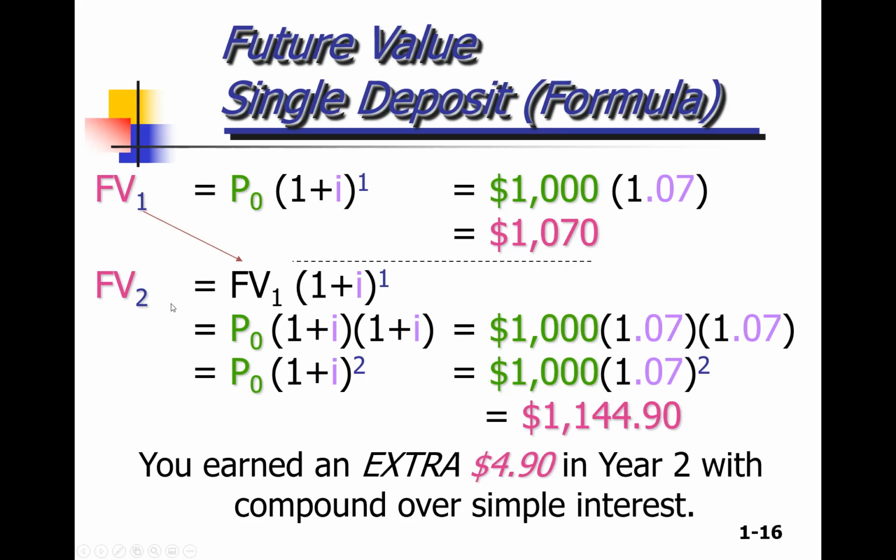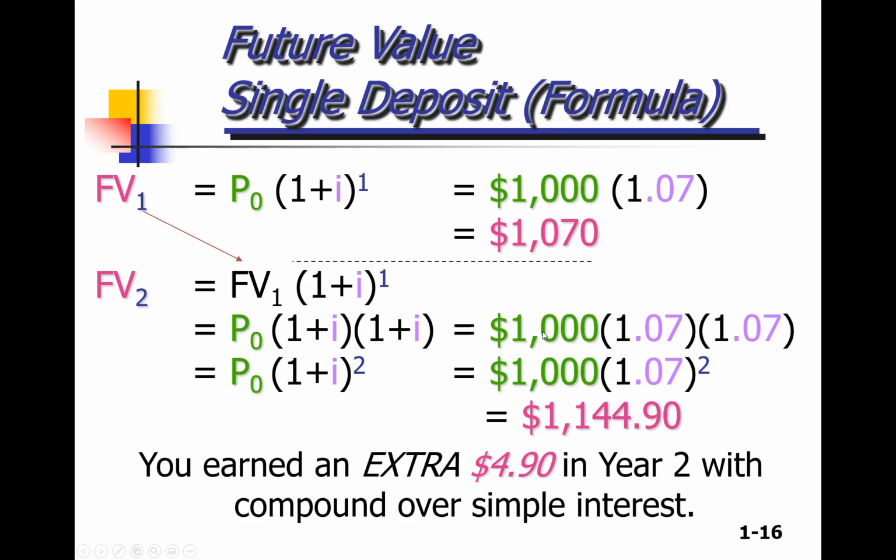1144.9. But if we are using the simple interest formula, that is P0 into 1 plus I into 1 plus I, that would be 1000 into 1.07, and in that way we will be earning 1140 if we use simple interest.